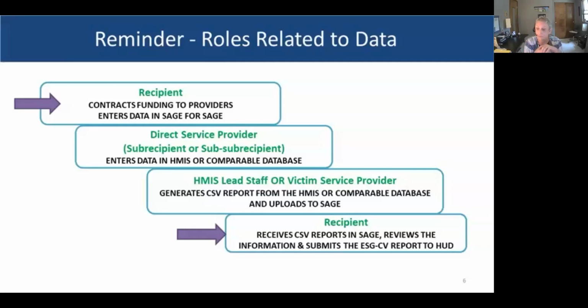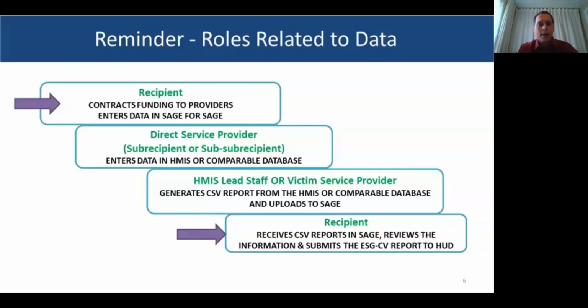Right. And I want to respond to Audrey's question in the chat as well, which is just the clarification about what she has to do as an HMIS lead, and her summary there. I'm going to read it just so that everyone can hear it as well in case you can't see the chat.